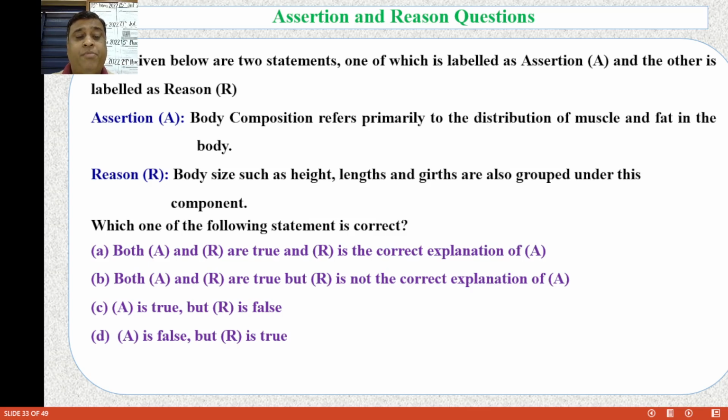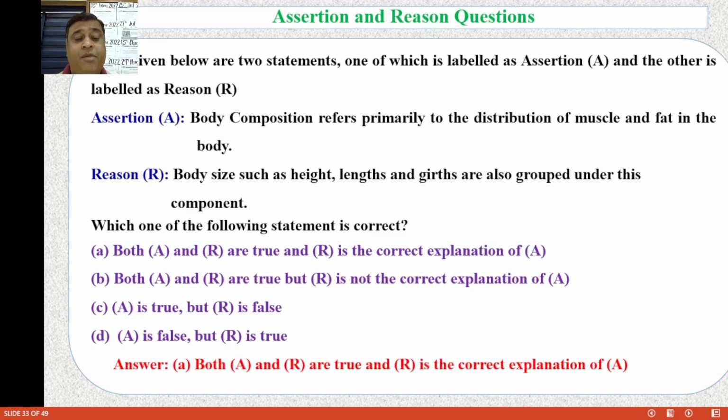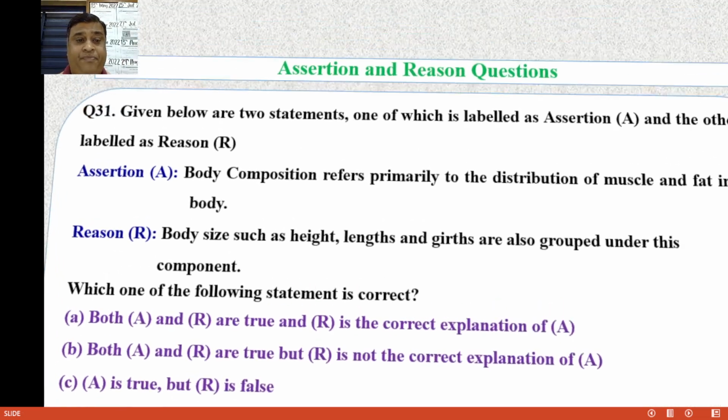Option A, both assertion and reason are true, and reason is the correct explanation of assertion. Option B, assertion and reason are true, but reason is not the correct explanation of assertion. Option C, assertion is true, but reason is false. Option D, assertion is false, but reason is true. Now the answer is A, both assertion and reason are true, and reason is the correct explanation of assertion.